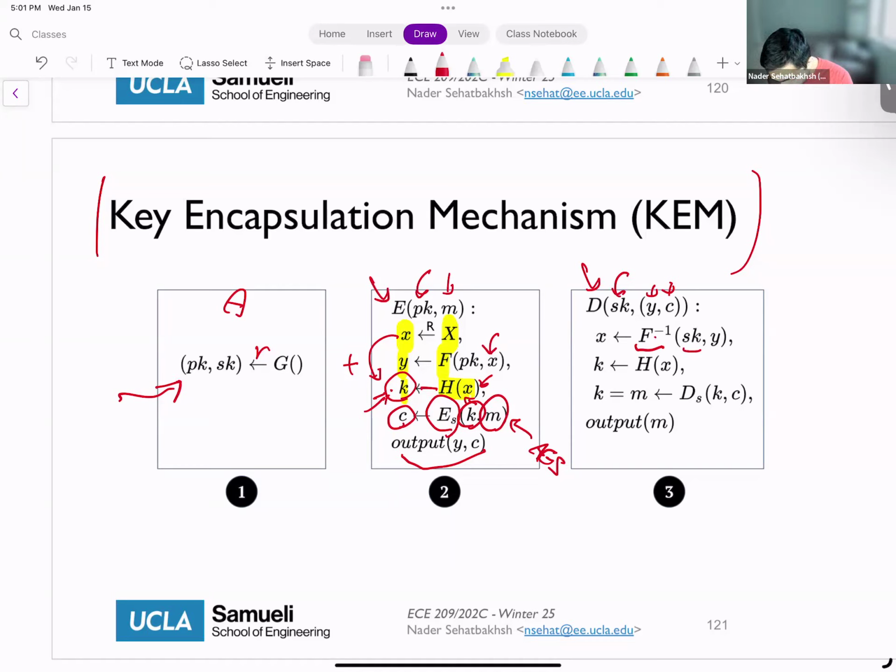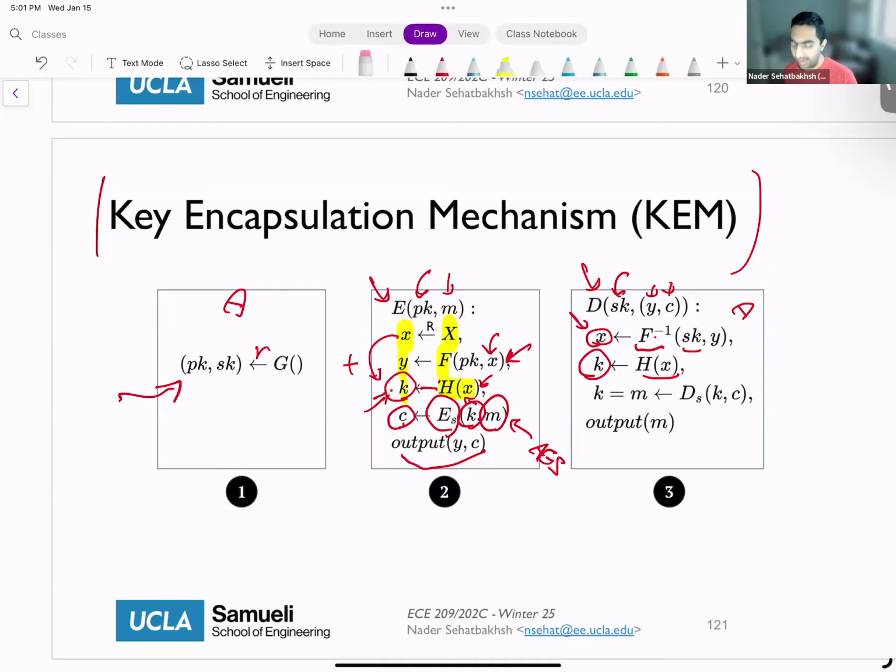The inverse of f with SK will give me X, because remember that f with PK on X created Y. So Y with SK will give me X. Now that I have X, I'm going to compute the same hash function. This hash function is actually public knowledge. Anybody can do that, but nobody has access to X. But now the receiver Alice has access to X, so they can compute K.